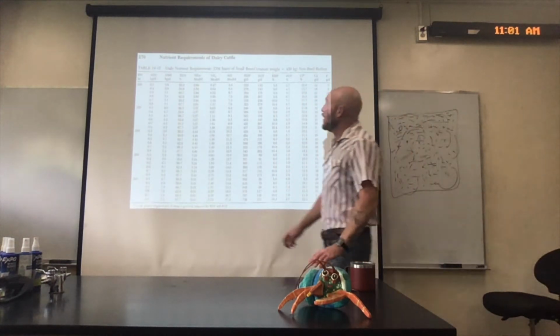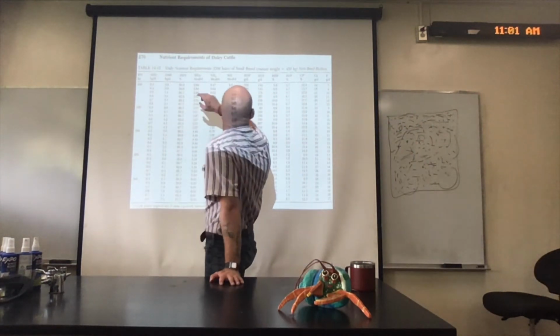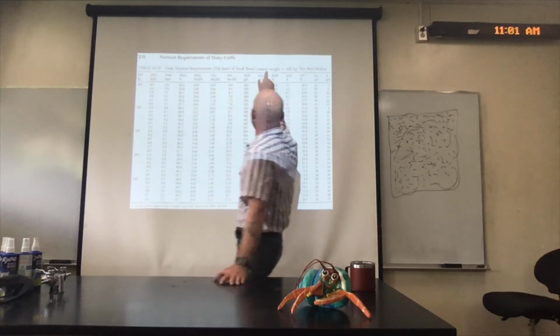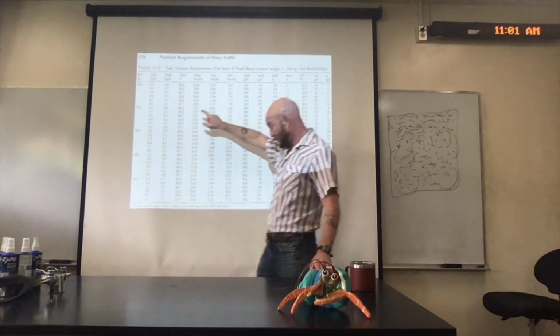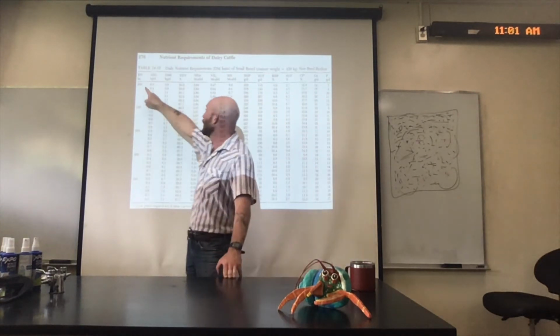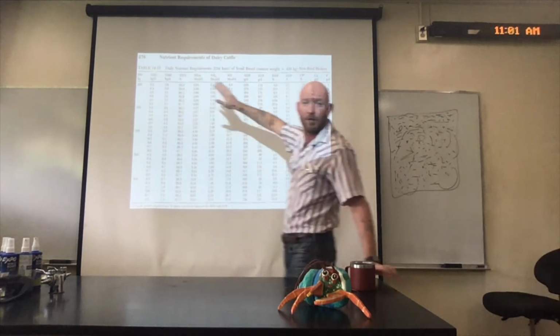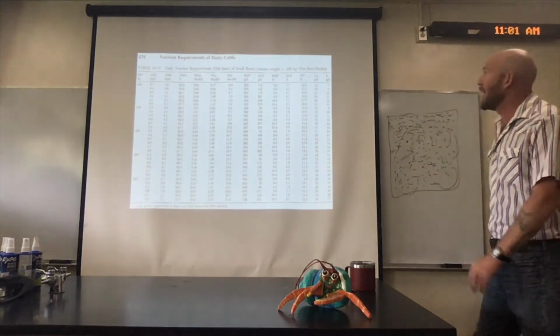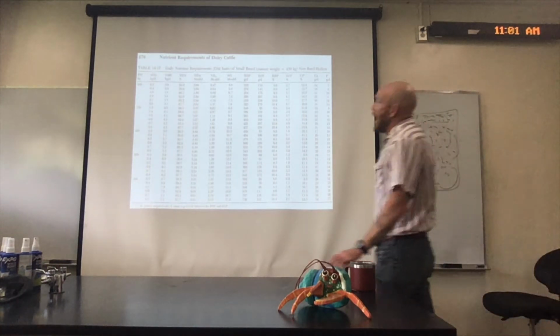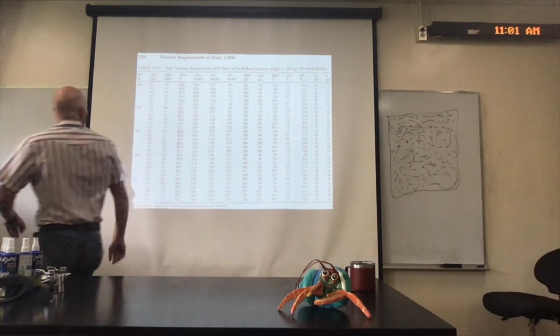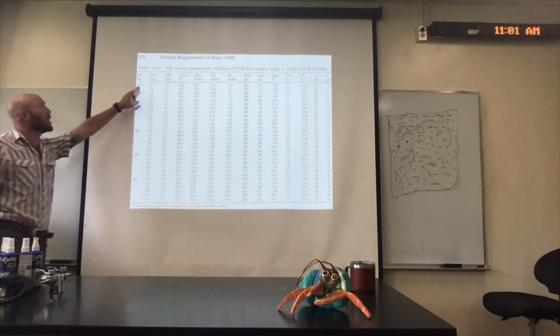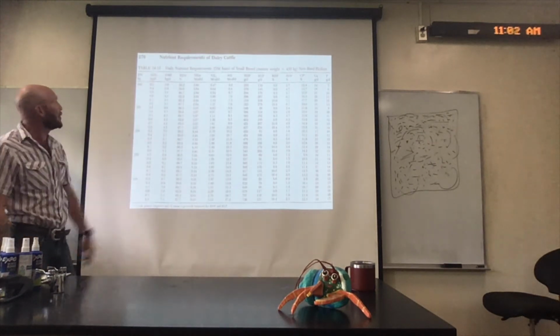Here's an example nutrient requirement table for dairy cattle. There's a small breed, mature weight 450 kilograms, and then we'll have our different size classes. We'll pick the one we're closest to, 100, 150 kilograms, what have you. Then we have our average daily consumption in kilograms per day.